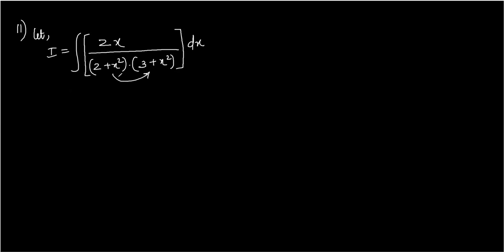If I multiply, I will get a polynomial which will have the highest power of x as 4, and the numerator has x power 1. So it's a proper rational fraction for sure. Since it is a proper rational fraction, I can apply the partial fraction method, for which I have to get the factors. And I already have factors.